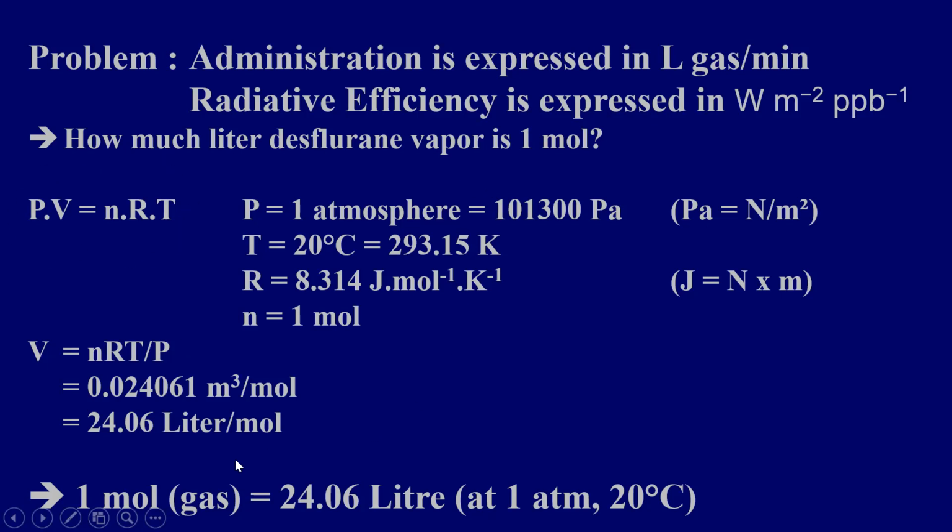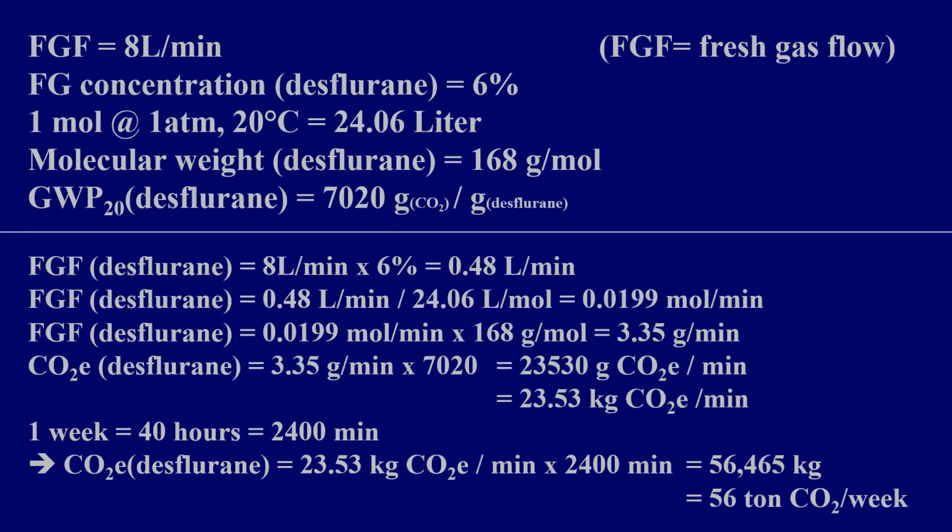We know, if you put in all the variables, that 1 mole of any gas equals about 24 liters of volume. So if we take all these constants that I told before, and we use it in the calculation, we have a fresh gas flow of 8 liters per minute at 6%.